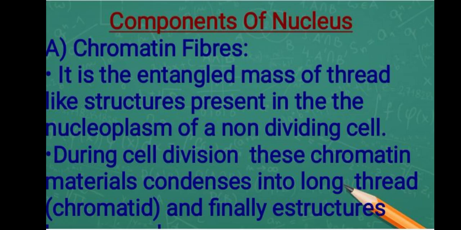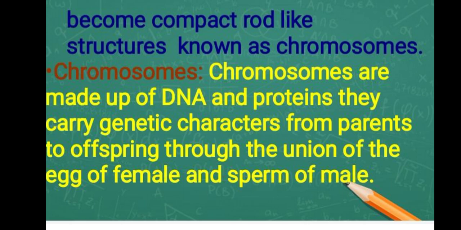Chromatin fibers is the entangled mass of thread-like structures present in the nucleoplasm of a non-dividing cell. During cell division, these chromatin materials condense into long thread called as chromatid, and finally the structure becomes compact rod-like, which is known as chromosomes.